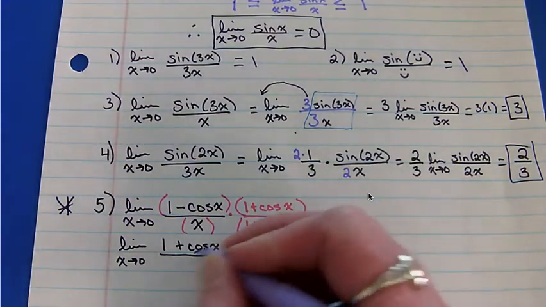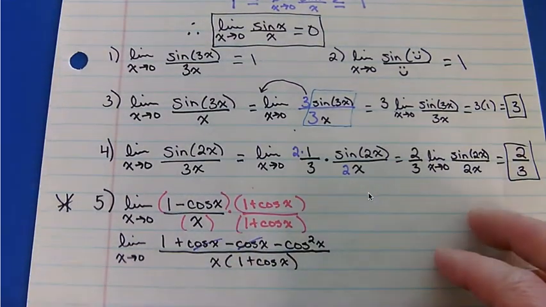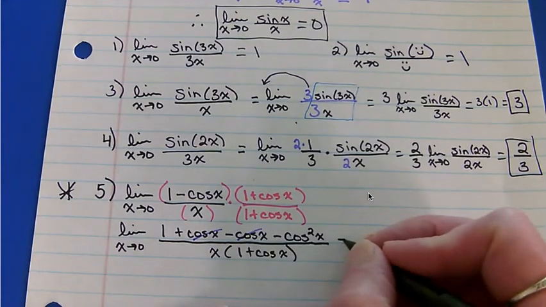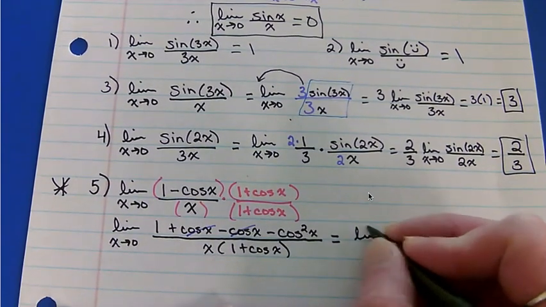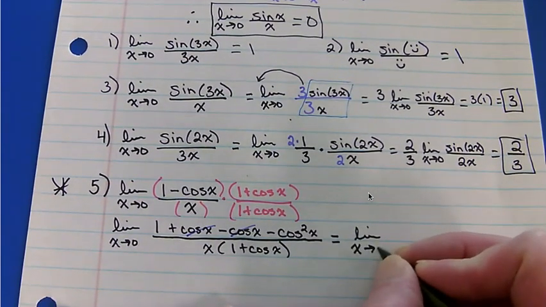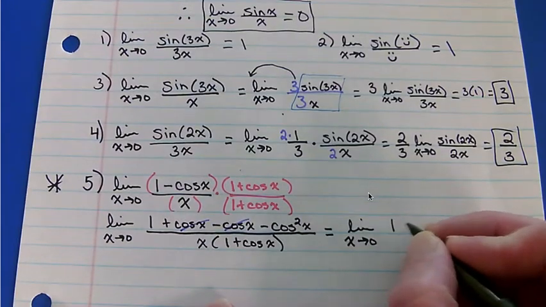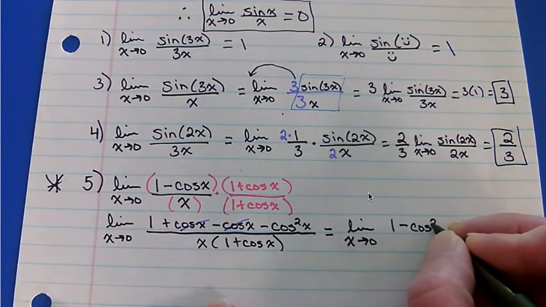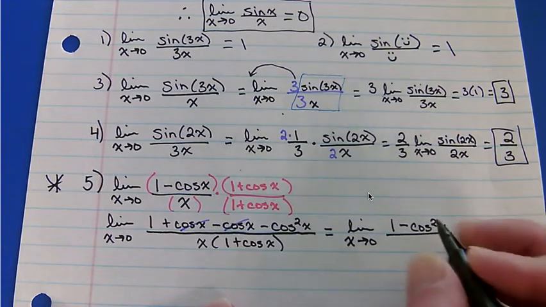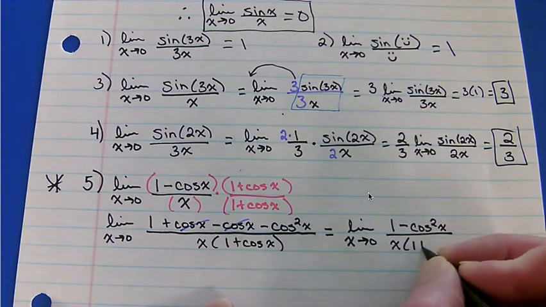Cosine x minus cosine x are going to subtract out. And then I have the limit as x approaches 0 of 1 minus cosine squared over x times 1 plus cosine x.